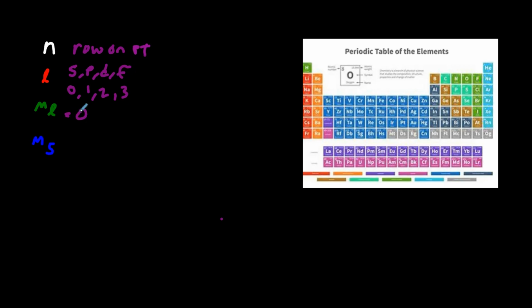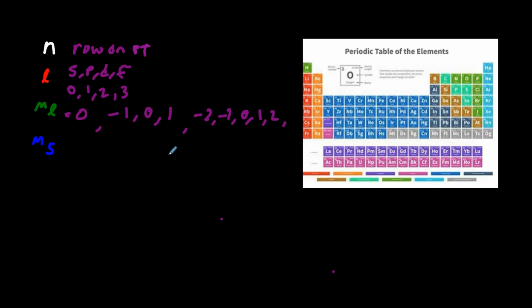But if we had, let's say, L equals 1, then we could have 3 different possibilities: -1, 0, and 1. And if we had L equals 2, then we can have -2, -1, 0, 1, and 2.